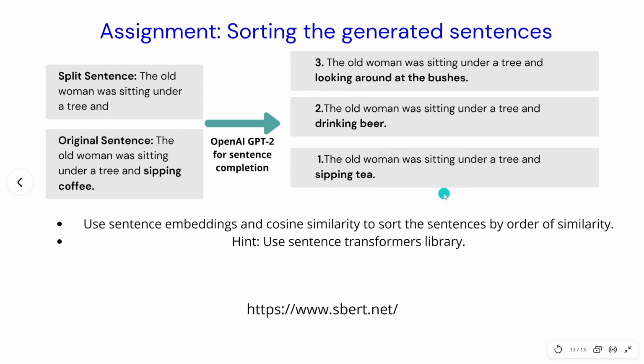So I would encourage you to think about it and come up with some algorithm. Check out the Sentence Transformers library, look at this link, sbert.net, and think about a way how you can achieve this and sort sentences by their similarity. We'll see how to achieve this in code in the next section.